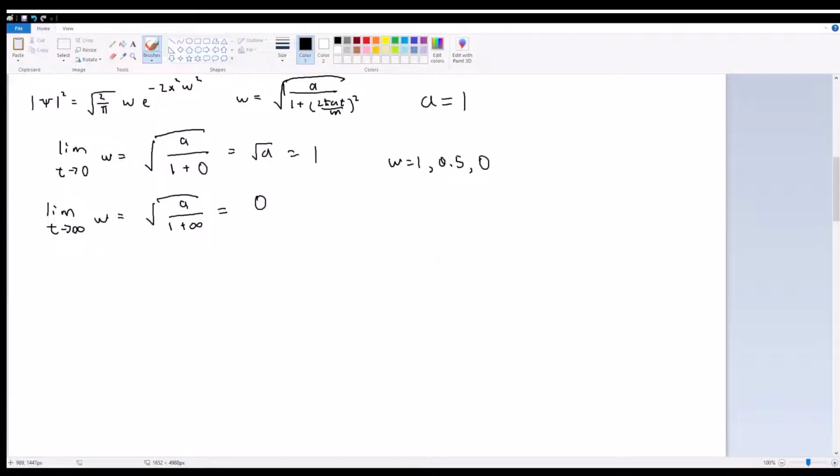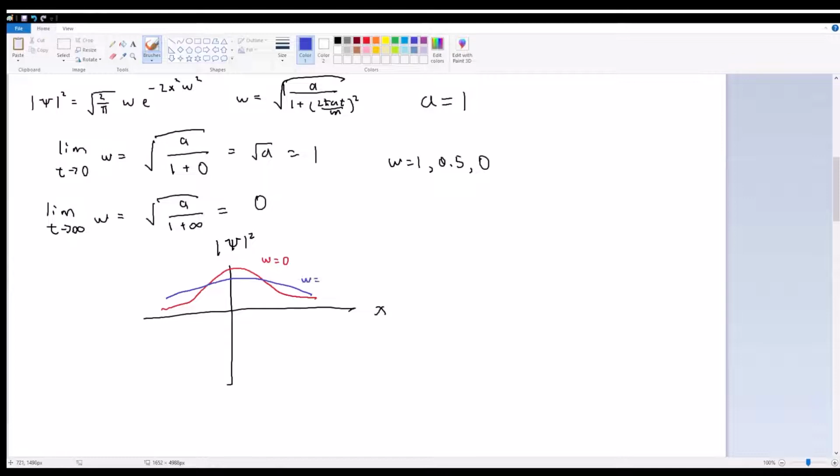If we do that, what we'll see on a graph of x versus magnitude psi squared is that the omega equals 1 case just looks like a standard Gaussian, something like this, the t equals 0 case. If you graph out omega equals 0.5, it looks like a slightly flattened Gaussian, something a little bit flatter.